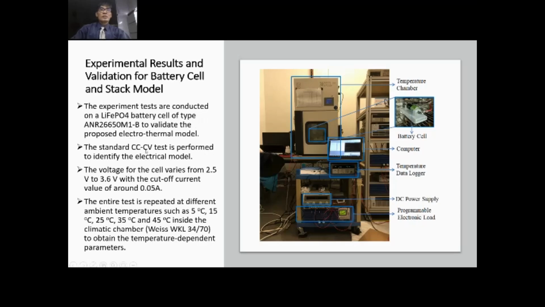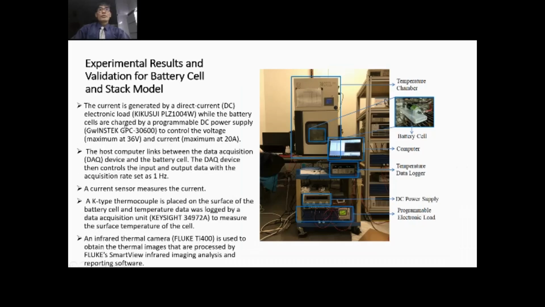The CCCV test is performed in these ovens at several ambient temperatures, and this is the setup shown here on the right hand side of this figure. Take note we have 5 degrees, 15, 25, 35 and 45 degrees inside the climatic chambers, to obtain the temperature dependent parameters.